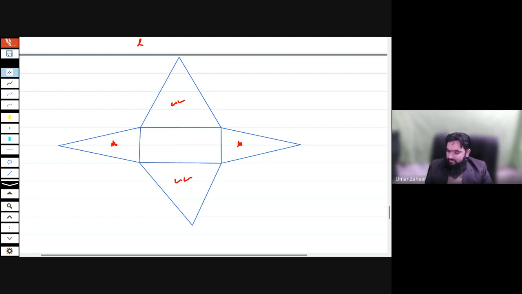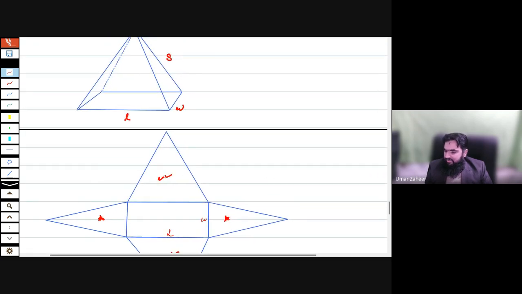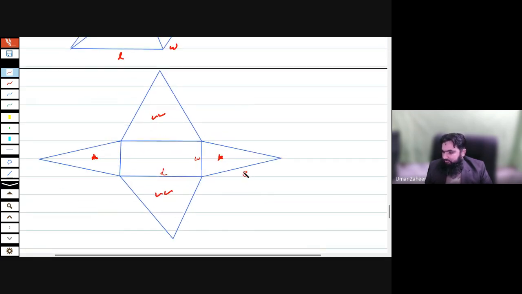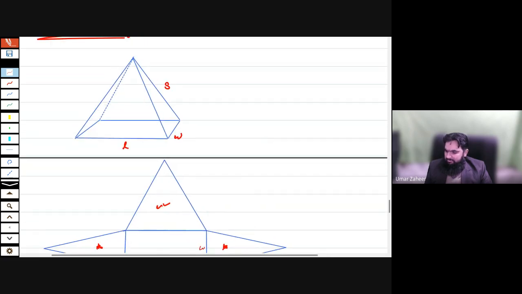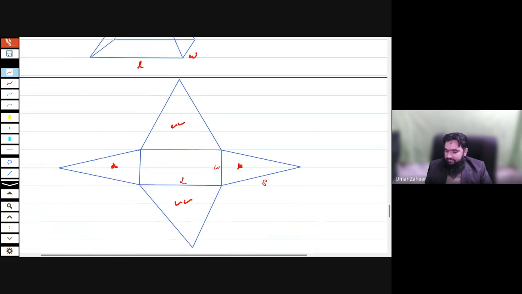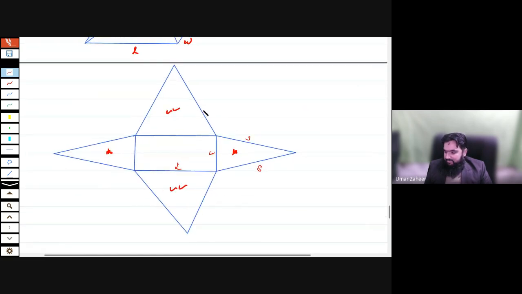So we have to give the names. It will be the length, it will be the width, and look here, it is the S height. So the rest of the lengths are going to be S as well, this one, this one and this one, because of its parameter. But here this is going to change. It is the length here and the width here, so obviously we have a different length. If the length is different, we are going to get a different area of the triangle.